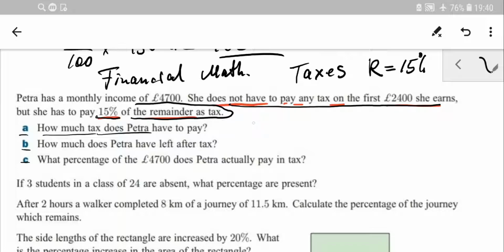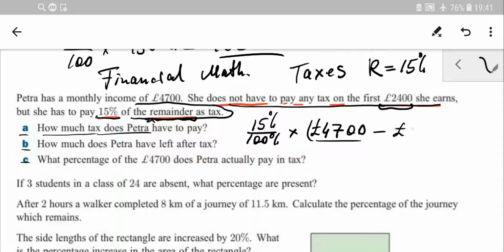All right, so we need to find 15% as a fraction, out of 100. And of which amount? Of the amount that's left after the first 2,400 is subtracted. So our taxation basis is her initial amount 4,700, and we subtract the allowance. It's called an allowance when you are eligible not to pay.